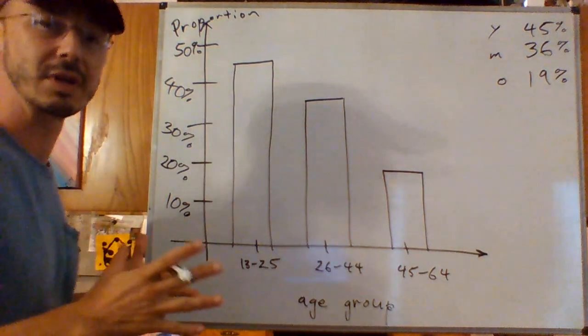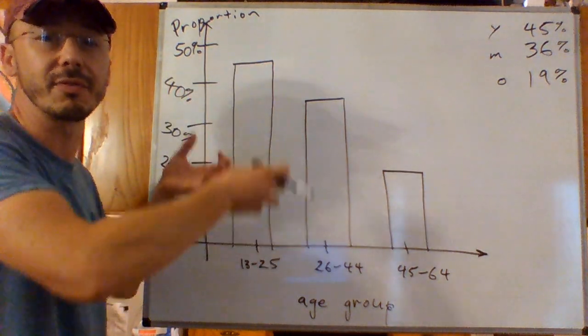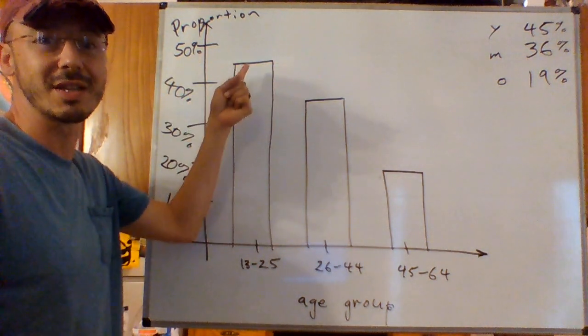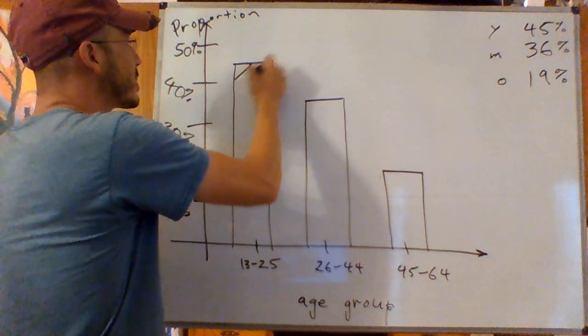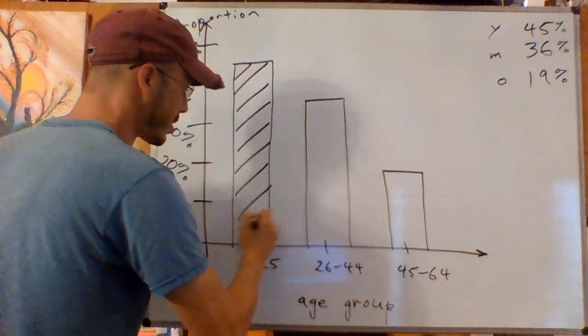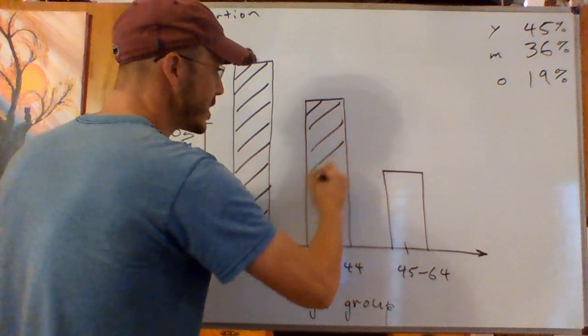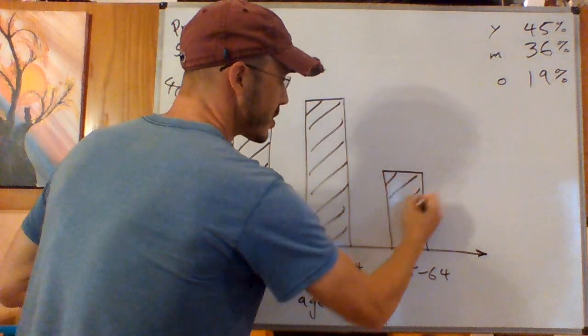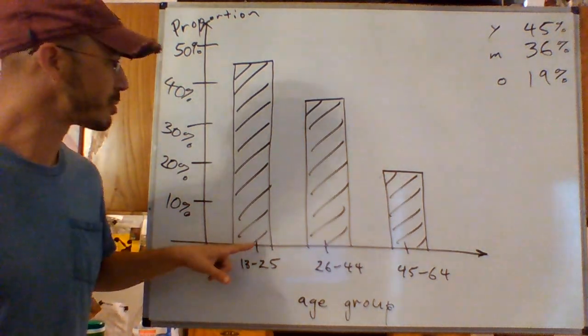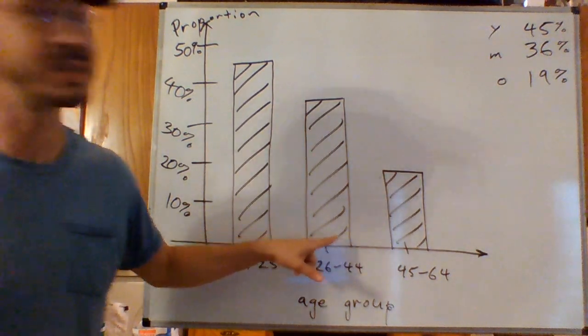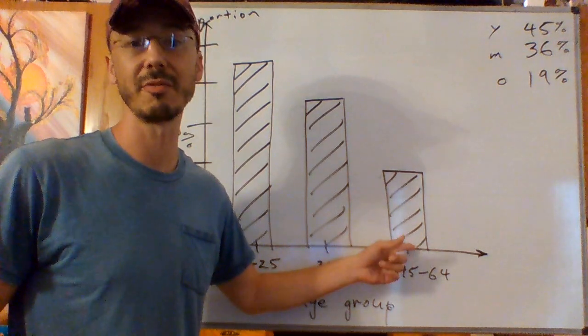With lined paper, these are vertical bars, so they're fairly easy to see. It's just that their tops might be harder to see. But what you can do to make the whole thing easier to visualize is these 3 blocks. There's 45% of my data, there's 36% of my data, and there's 19% of my data.